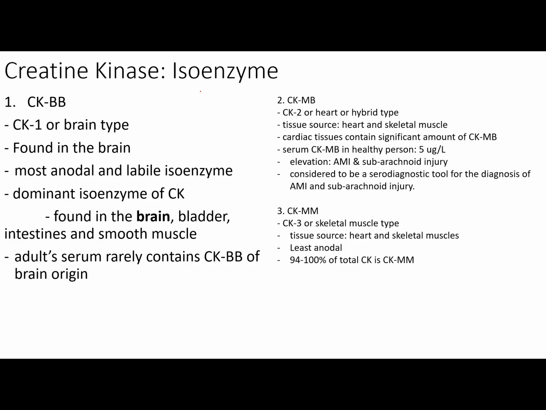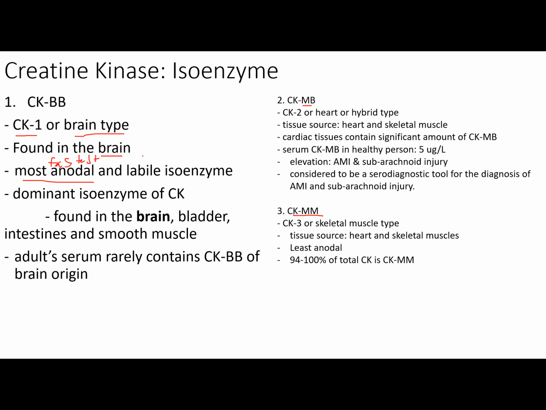Now, let's talk about their isoenzymes. These are the different isoenzymes, class. We have your CKBB, CKMB, and CKMM. Now, CKBB is also known as your CK1 or the brain type. This is found in the brain. This is the most anodal. So, pag sinabi most anodal, again, this is the fastest.